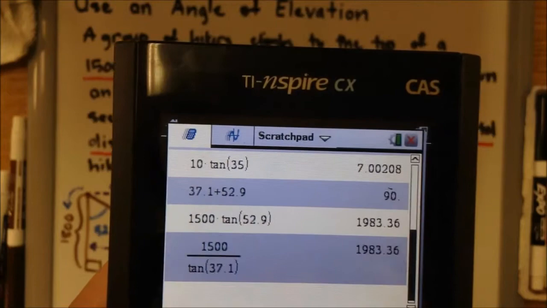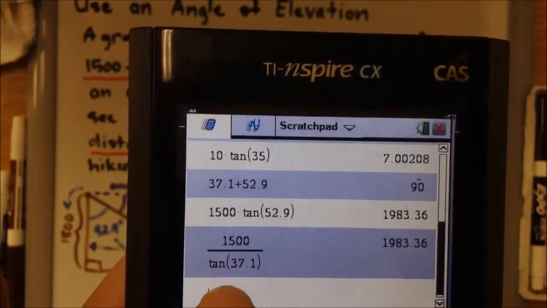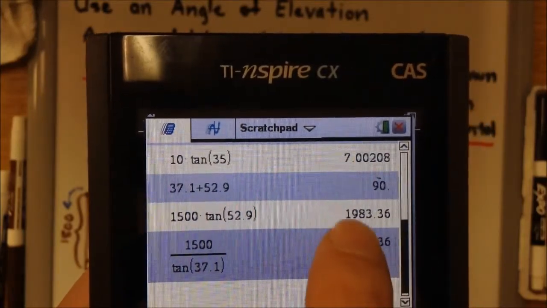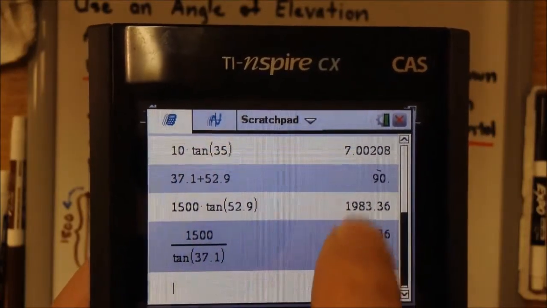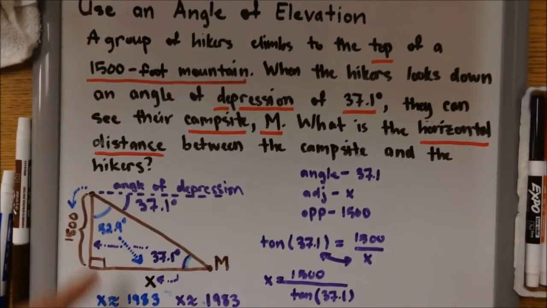Now when I use the 37.1, x was equal to 1500 divided by tan of 37.1. And as you can see, both x values are the same. So there were two ways to solve this, meaning two different angles, even though they both use the tangent function.